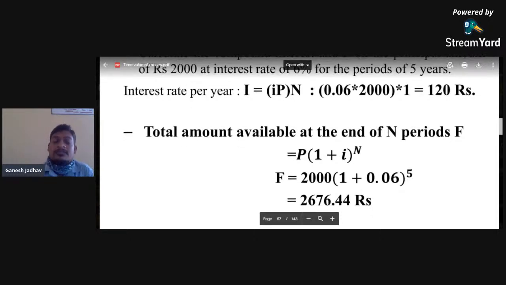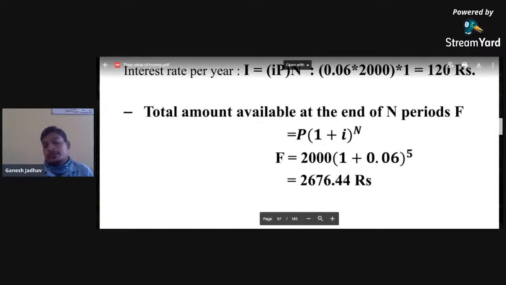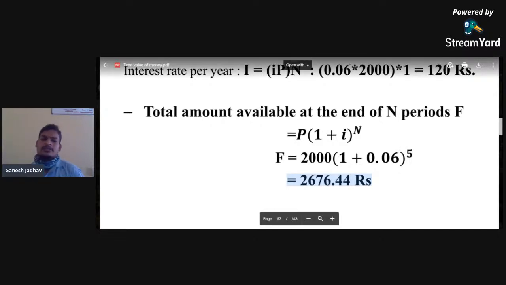This is 2676.44 rupees, the final amount. So compound interest is always greater than simple interest. The future amount of compound interest is always more than the future amount of simple interest.